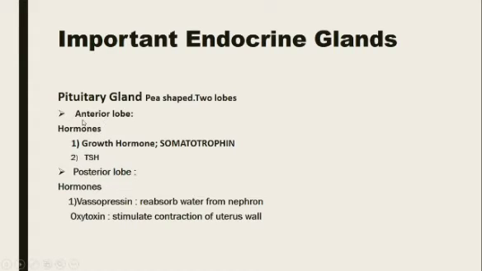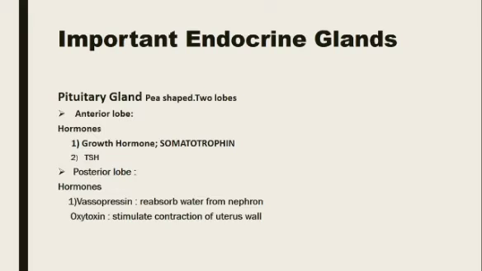Anterior lobe releases two hormones. One is somatotropin and other is thyroid stimulating hormone. Somatotropin, what is its function? Somatotropin is a growth hormone. It promotes the growth. If it is secreted in a normal way, then growth takes place normally.